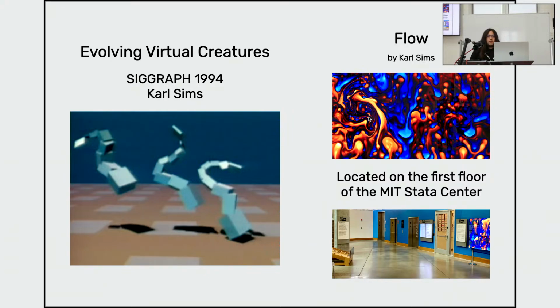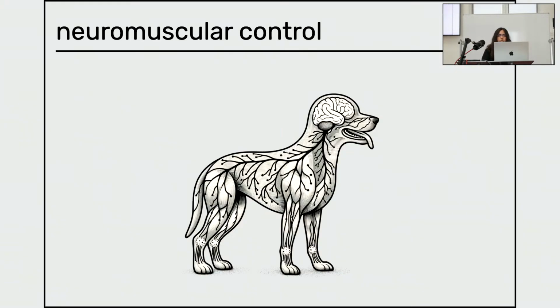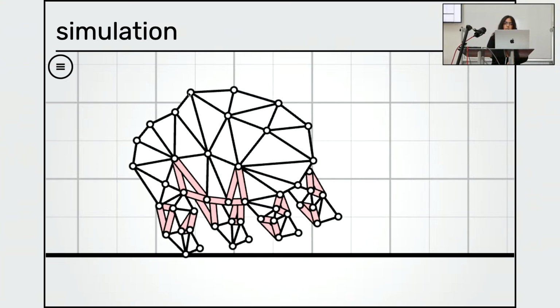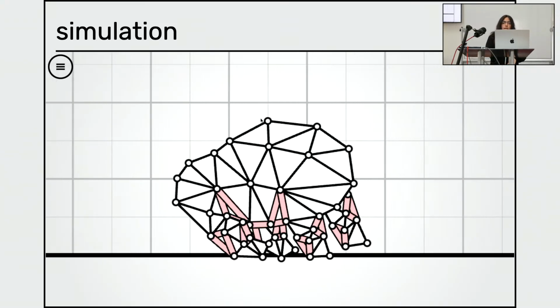Computer animation is something that I'm also very interested in. It's one of the main motivations behind my personal work. But more generally, I'm interested in computational models for neuromuscular control. Computer animation just happens to be one particular application of this topic that I find very interesting. Concretely, the basic setup is a finite element simulation, not that different from what you would find in mechanical engineering.